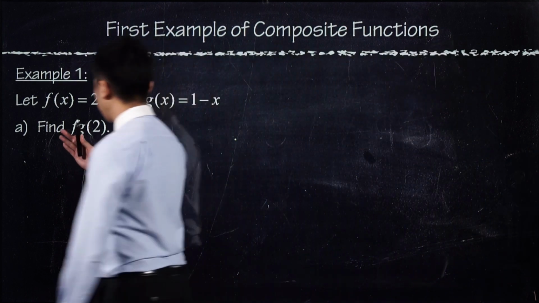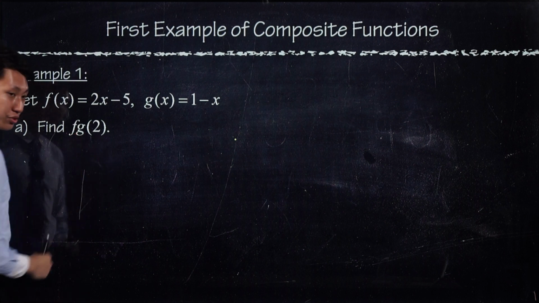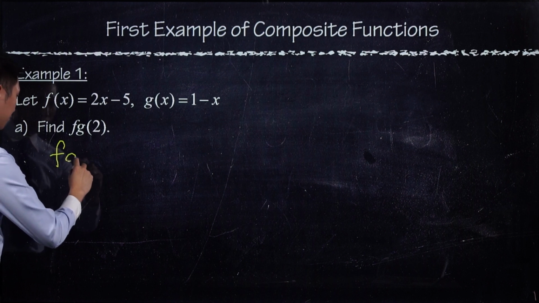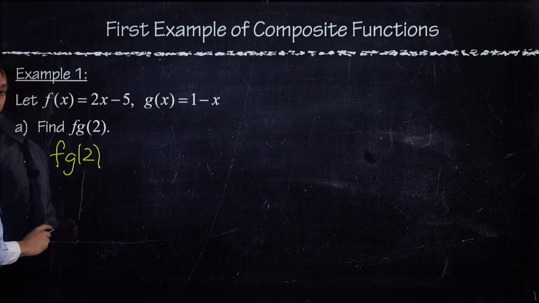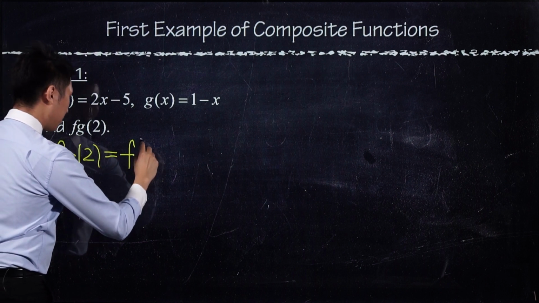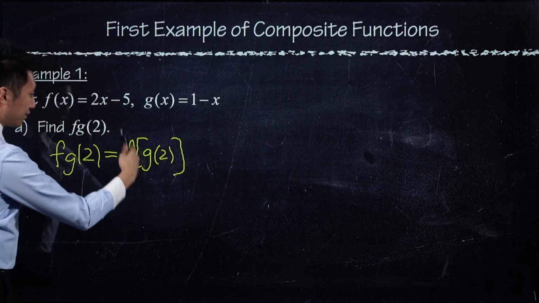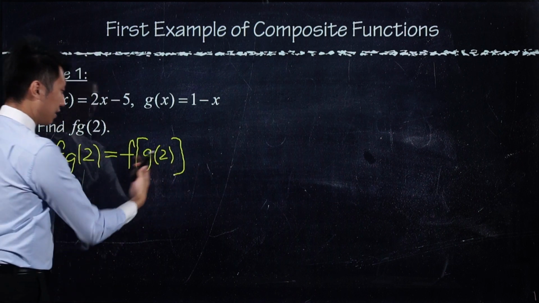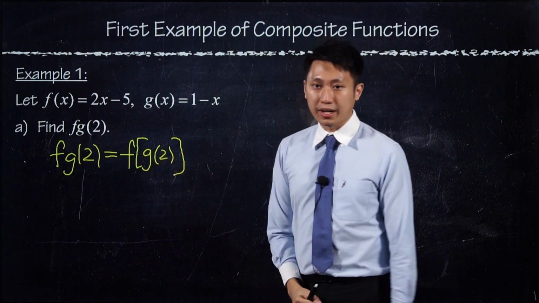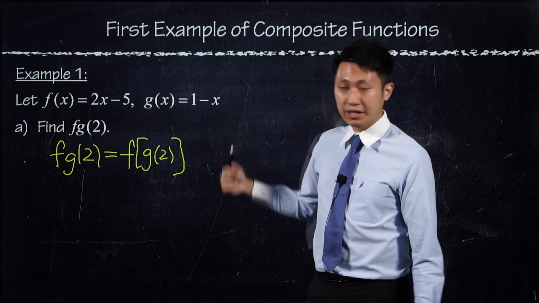What is fg2? First of all, I need to do g2 first. I write down properly, it's good practice: f bracket g2. Using a round bracket is okay also, but in the sense of having layers, I put it here. What is g2? You sub 2 here, so it's 1 minus 2, which gives negative 1.